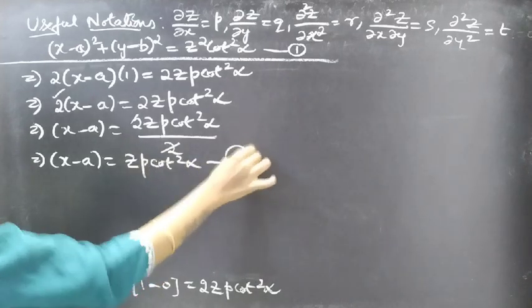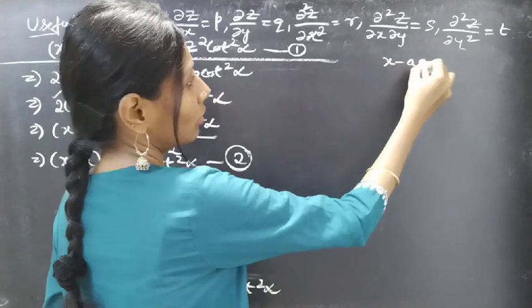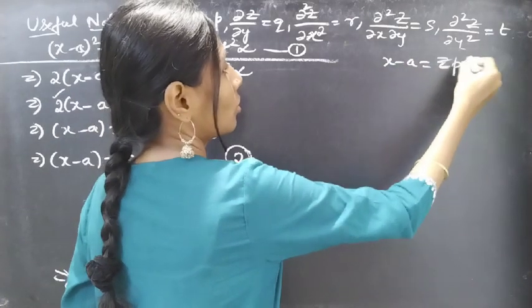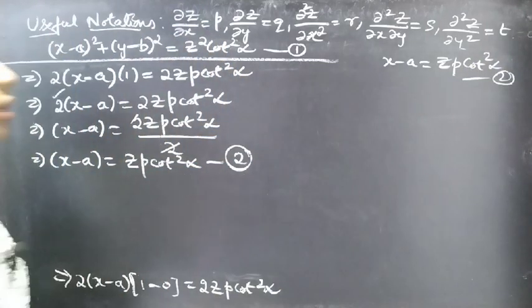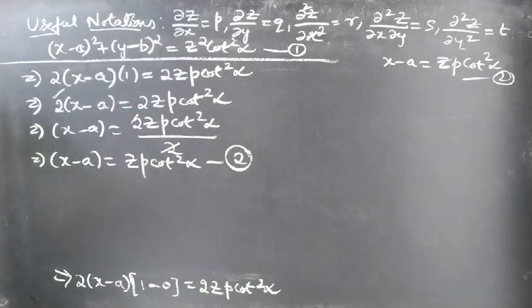Consider it as equation 2. So you got equation 2 now. Now by partially differentiating 1 with respect to y, we'll get another equation.